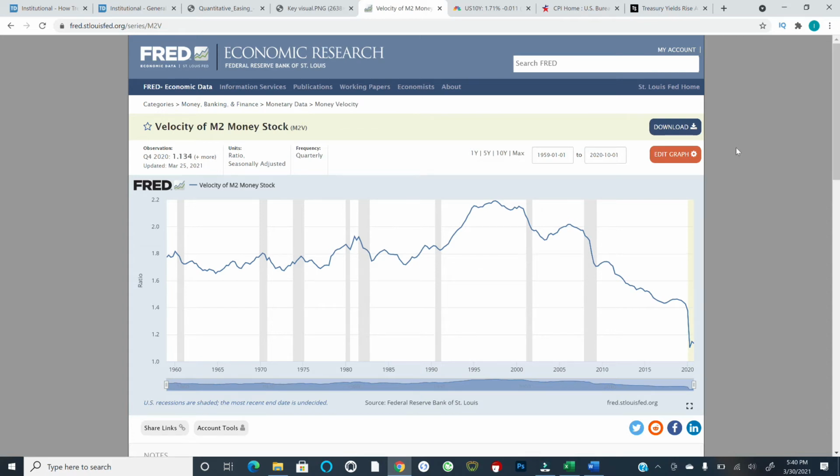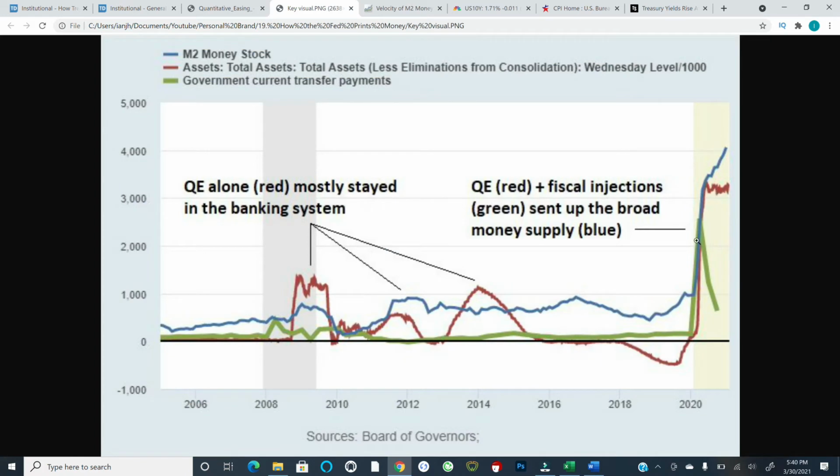You couple that with the fact that the velocity of money is way down, and that gets us to this idea that we haven't yet seen prices go through the roof, but the market, very interestingly, is beginning to become concerned. Right? If I flip back to this, the rate at which the M2 money supply is going up is truly extraordinary.